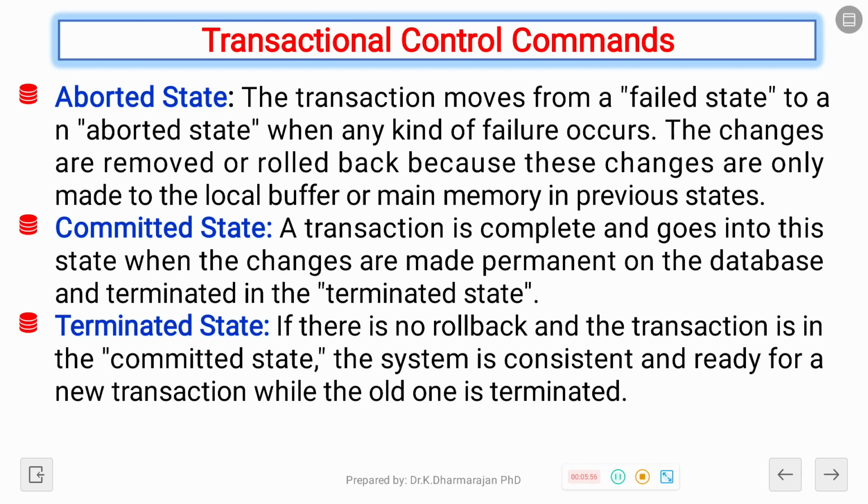If there is a rollback or the transaction is in the committed state, the system is ready for a new transaction while the old one is terminated. Once the transaction is completed, either by commit or rollback, the transaction is over and a new transaction starts. This is called the terminal state.